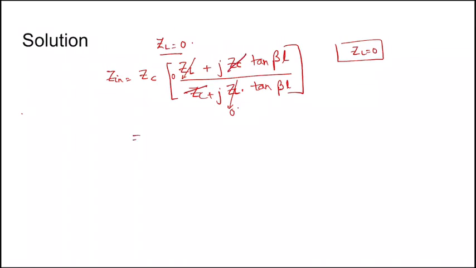You can cancel this and it becomes j ZC tan beta L. This is the input impedance it is reducing to.